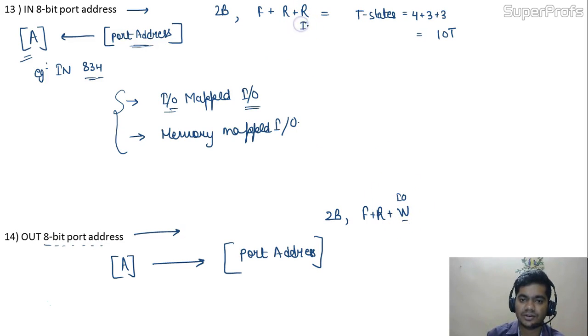In IN, the third operation is specifically IO read, that is, we are reading the data from the input device. Here we are writing the data to the output device. That's why the last operation is IO write, and the total T states are again 10 T states. So I hope you have understood IN and OUT operations also.